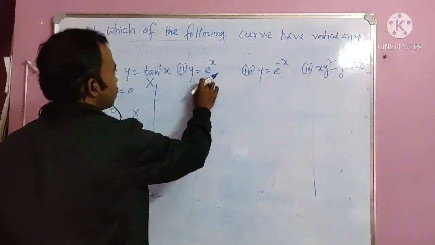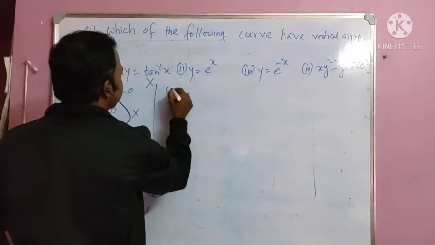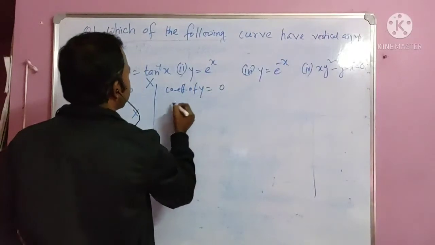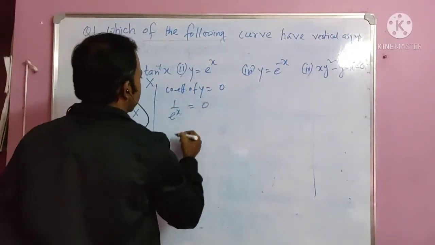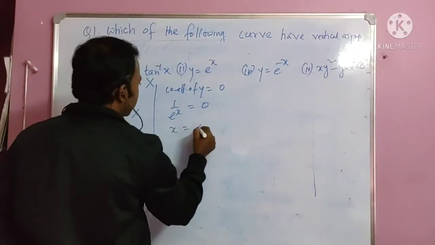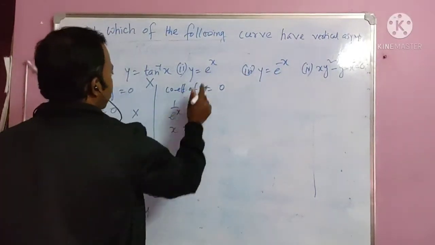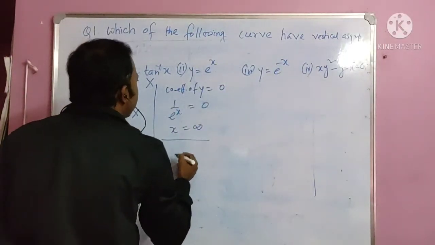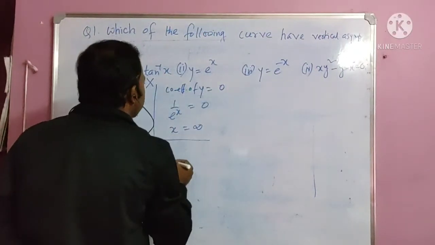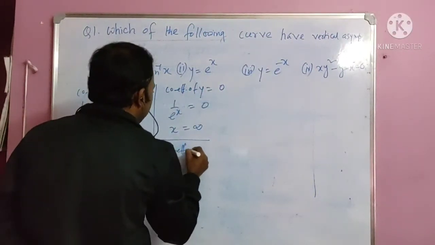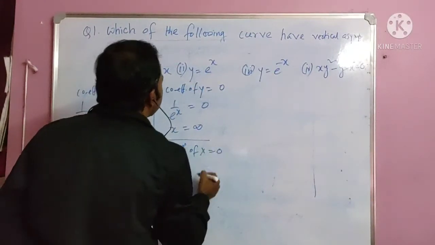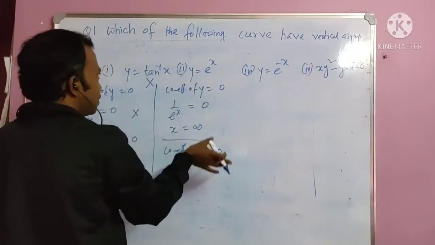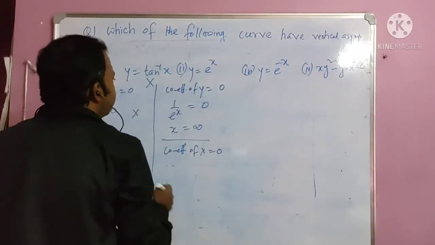For the next one, y equals e to the power x. Coefficient of y equals 0. This gives 1 by e to the power x equals 0. This gives x equals infinity. So it's not true. For the other part, coefficient of x, you can operate log on both sides, and after that divide by log y.